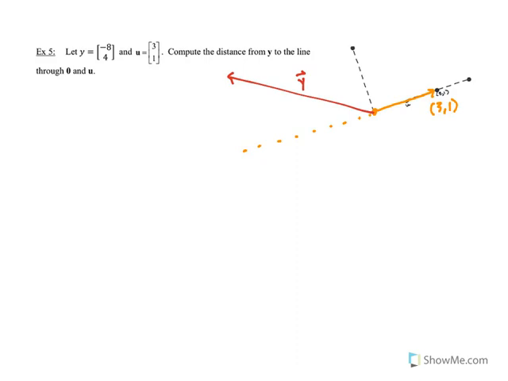Let me label it. All right, so I want to measure the distance between y, the end of that vector, and this line. And we talked about measuring distance before, but just in case, really, we want to measure this distance here, making an orthogonal, a right angle with that line. Okay, we're going to call this z.